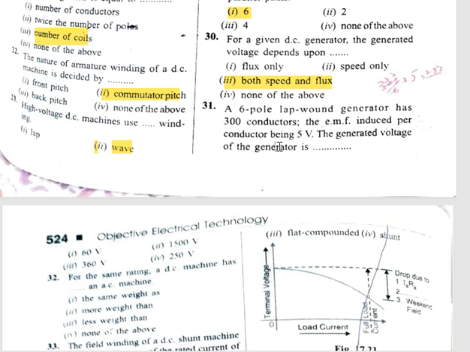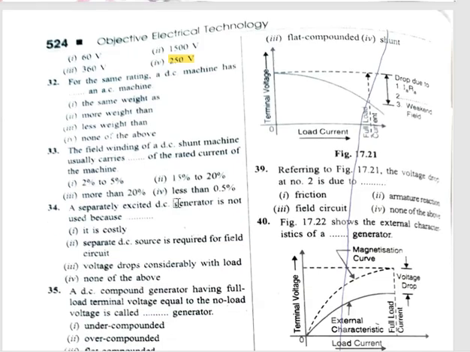The generated voltage of the generator is 250. For the same rating, DC machine has more weight than AC machine. The field winding of DC shunt machine usually carries 2 to 5% of the rated current of the machine.